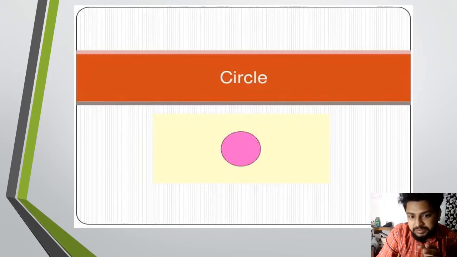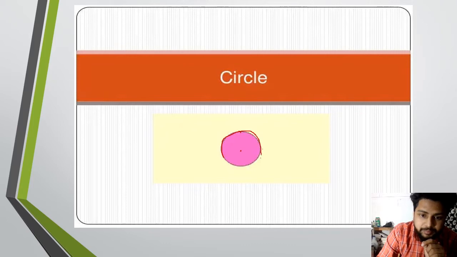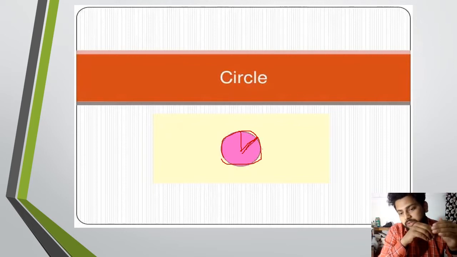This is the center, and here, here, here are the points. When we combine all these points, it makes a perfect circle. And when we join this point, or this point, or this point, the distance from here to here and here to here is the same. So this makes the whole circle.